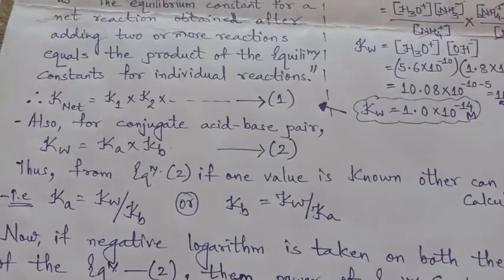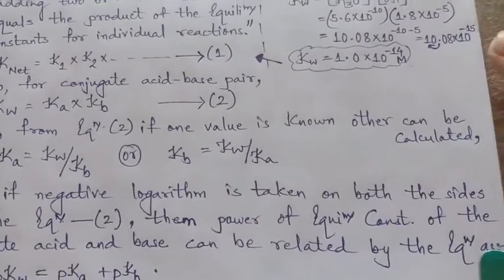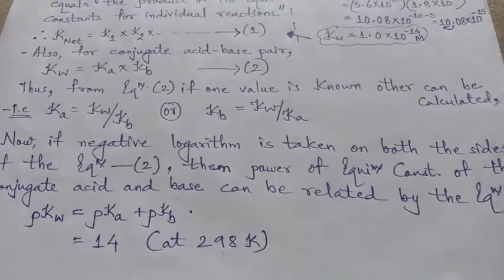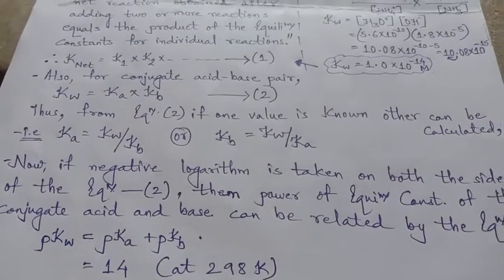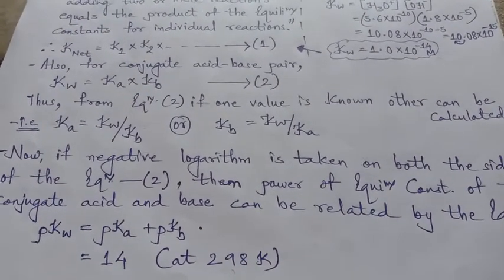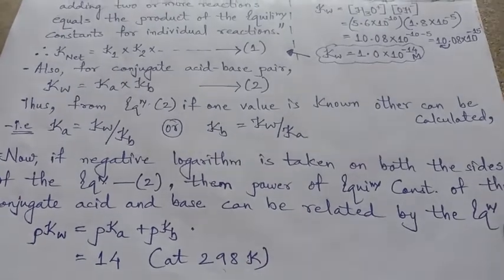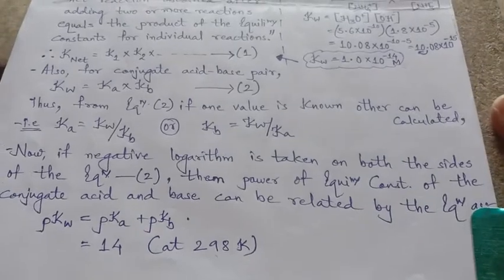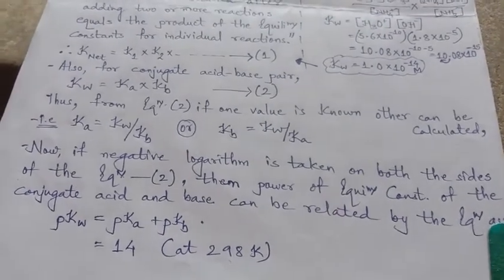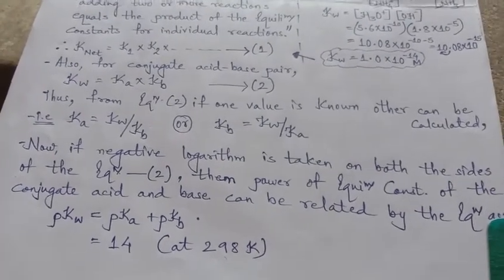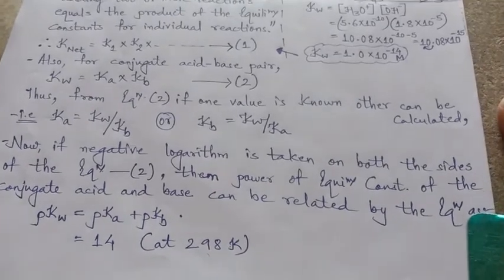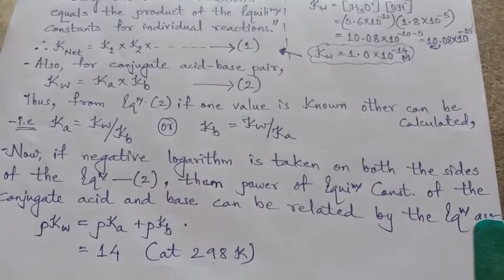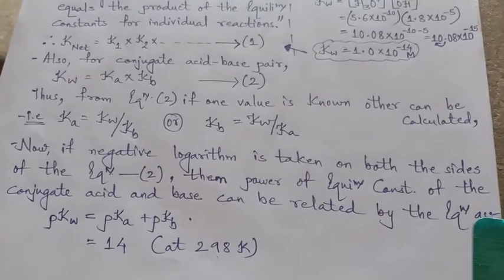If negative logarithm is taken on both the sides, because here we are measuring Ka and Kb as equilibrium constants for acid and base, and if the power of hydrogen is considered for acid, then it is pH. So if we want to consider the power of acid and power of base, then we multiply both the left hand and right hand side by a negative sign.